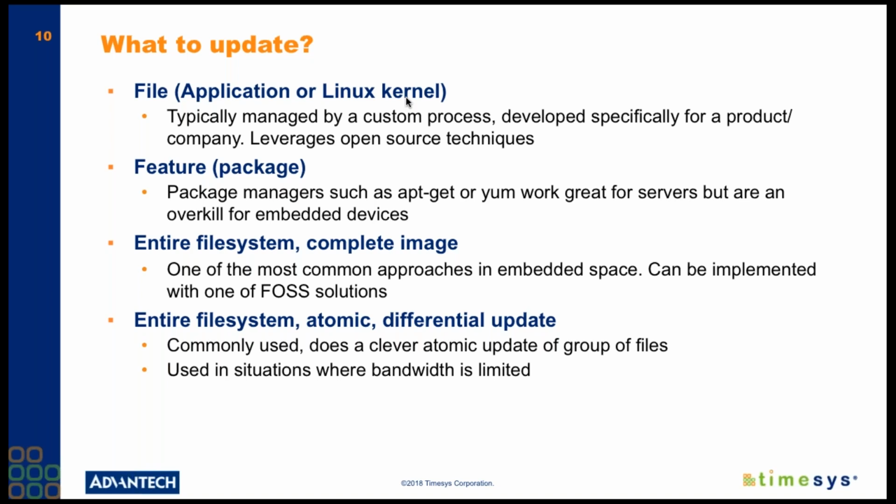It is a very clever way of managing what you're pushing out to a device, limiting the amount of data that crosses the network to your device. That way I can address perhaps the requirement of low available bandwidth for updates. So I'm going to describe those techniques in more detail today.